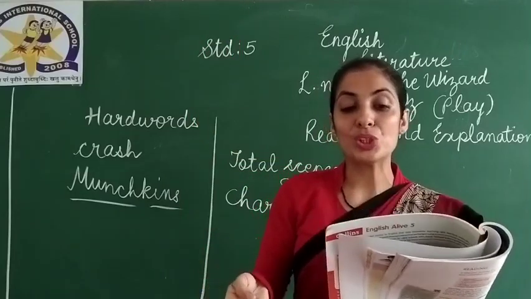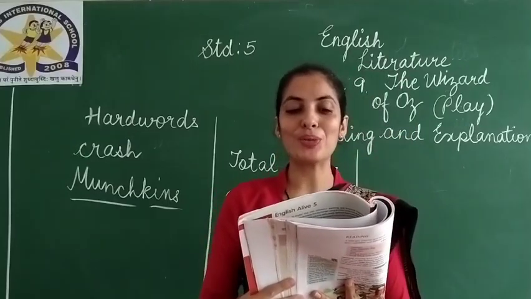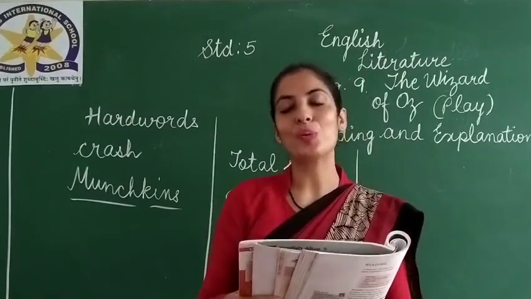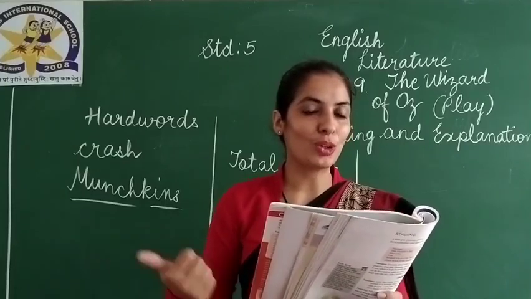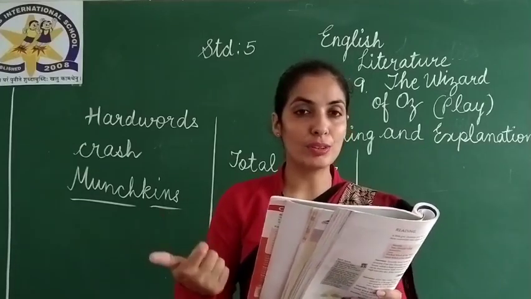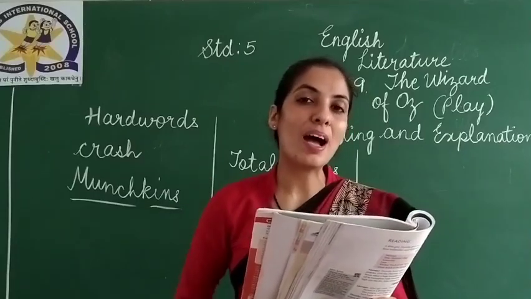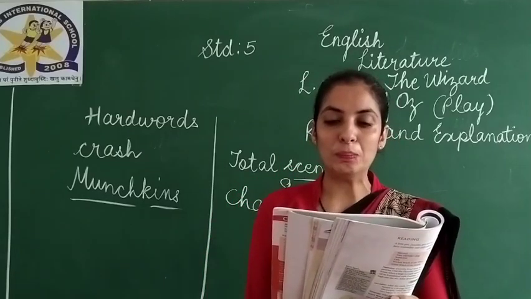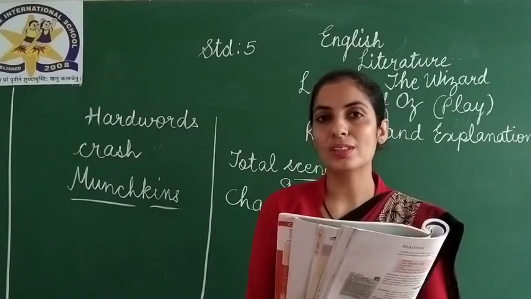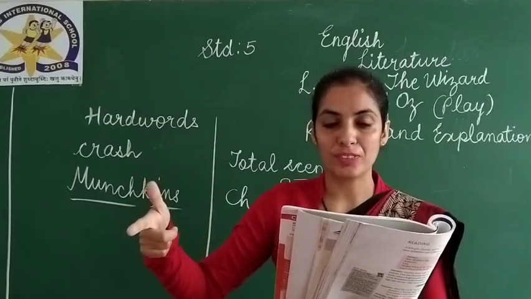We had been the witches' slaves for years. Today you have rid us of the witch and we are free. So what was she telling Dorothy? That you have saved us from the bad or wicked witch. Slave means we were under pressure, we were prisoners.